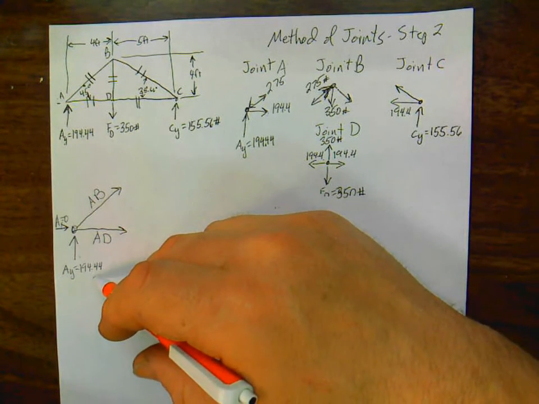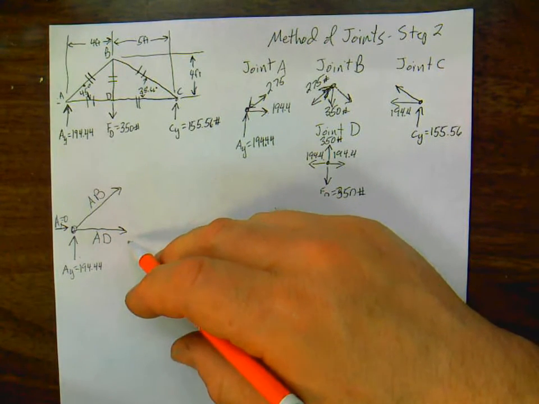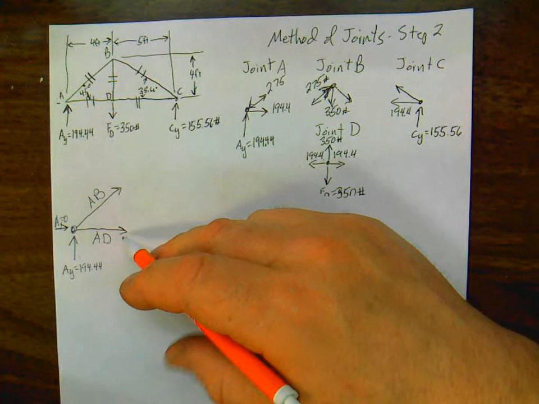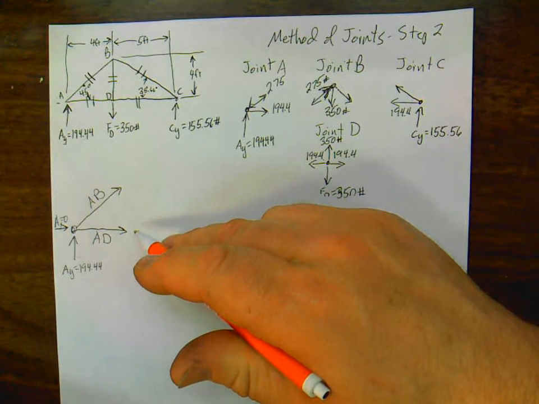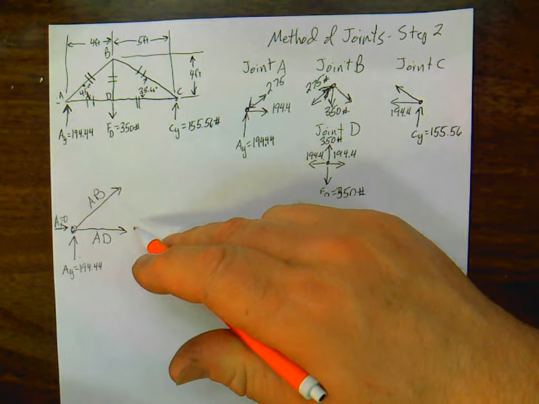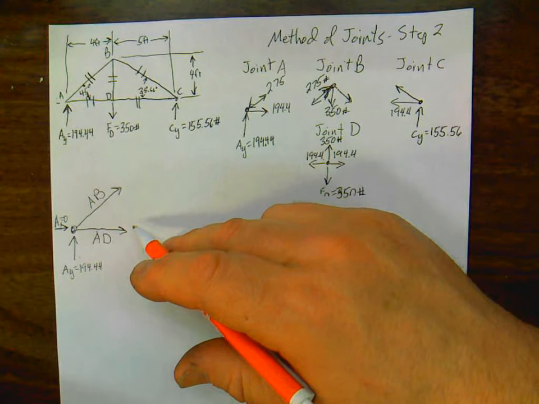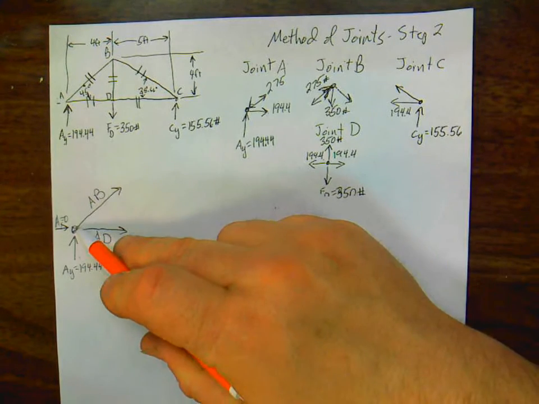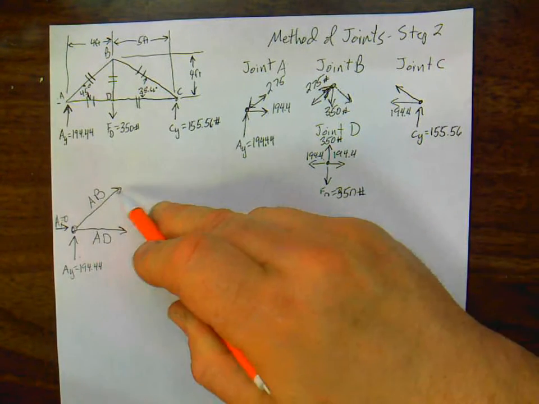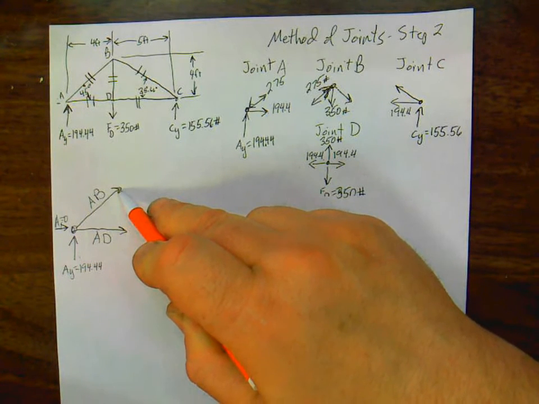Now, once we get into our method of joints, we're going to put everything in terms of X and Y, and we're going to go back to our static equilibrium equations to solve for anything in the X and anything in the Y. So with us having this vector here on joint A, AB, that angle makes it hard for us.